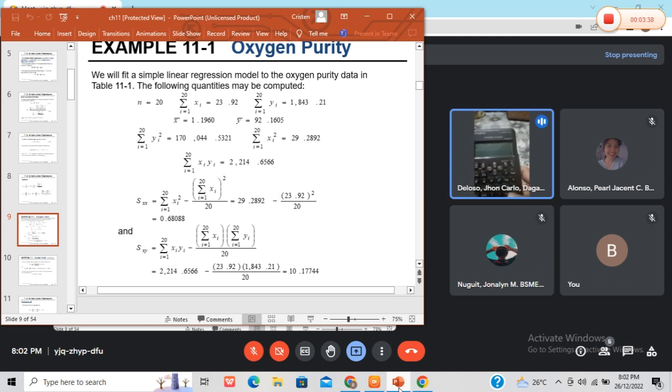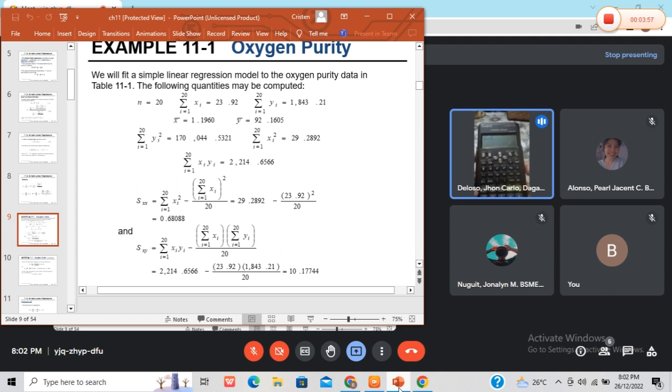And next, the S subscript xy. We have the formula of summation of xy. So repeat again, shift, and then 1. Then we choose sum, and 5, which is the summation of xy.